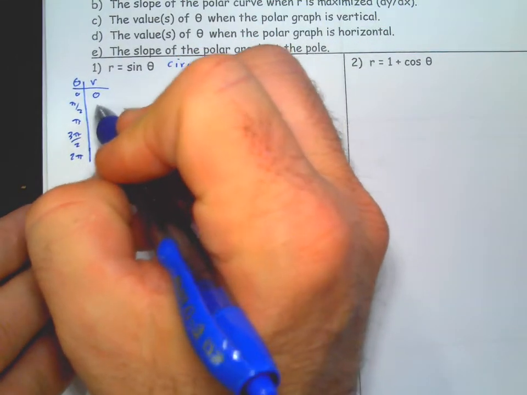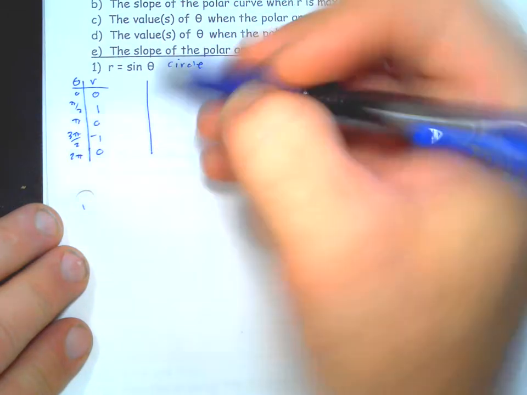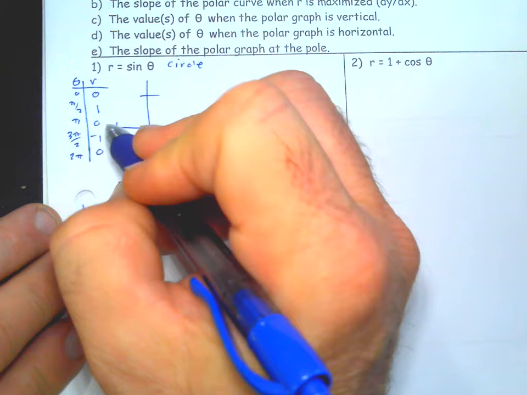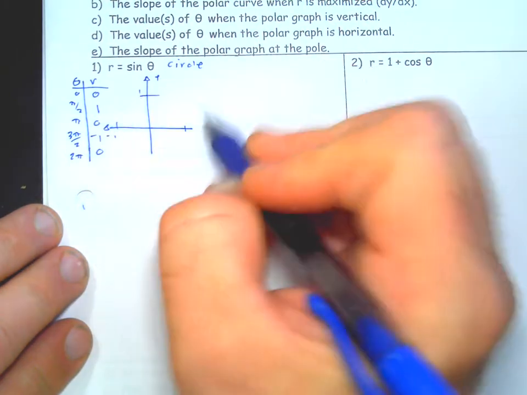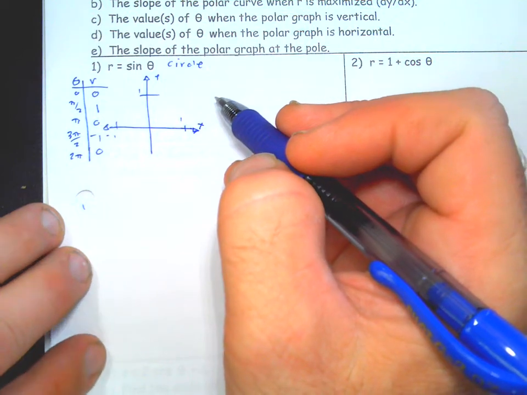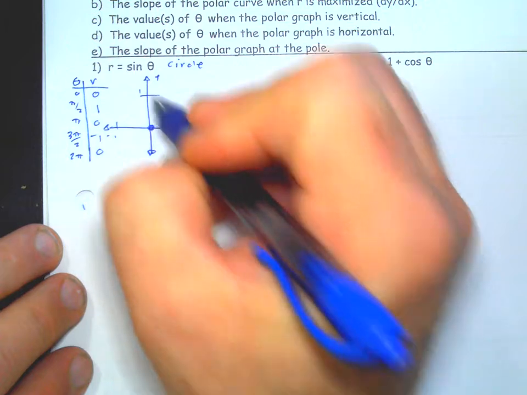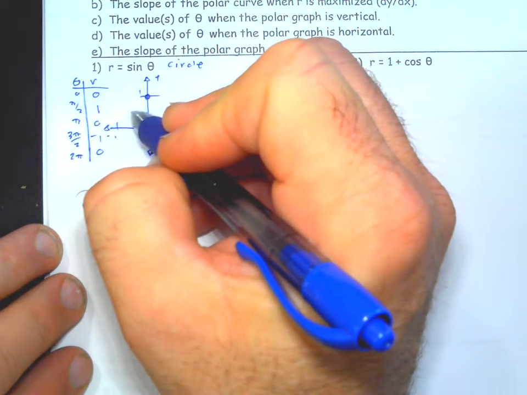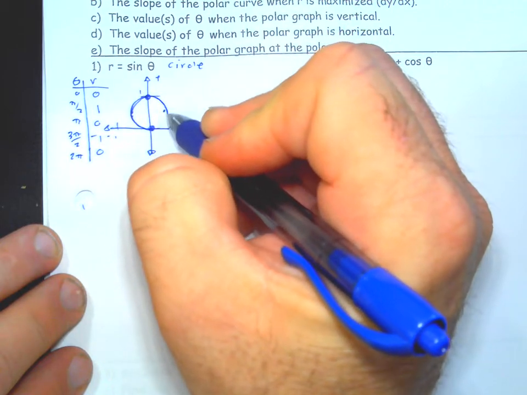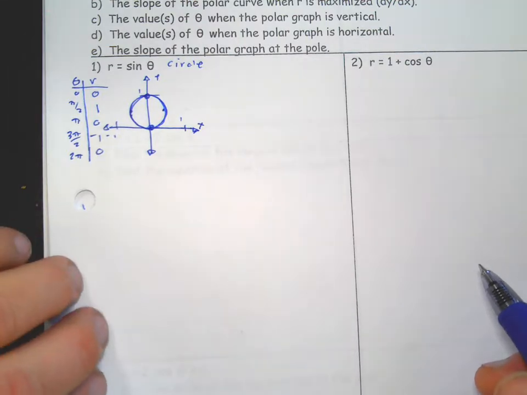So 0, 1, 0, -1, 0. And so quick sketch. 0, 0, pi over 2, 1. So the radius is half of that. The diameter is 1. This is what the graph looks like.